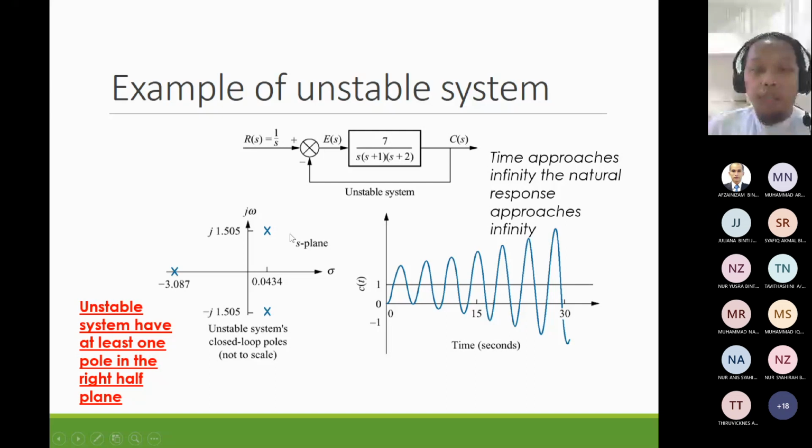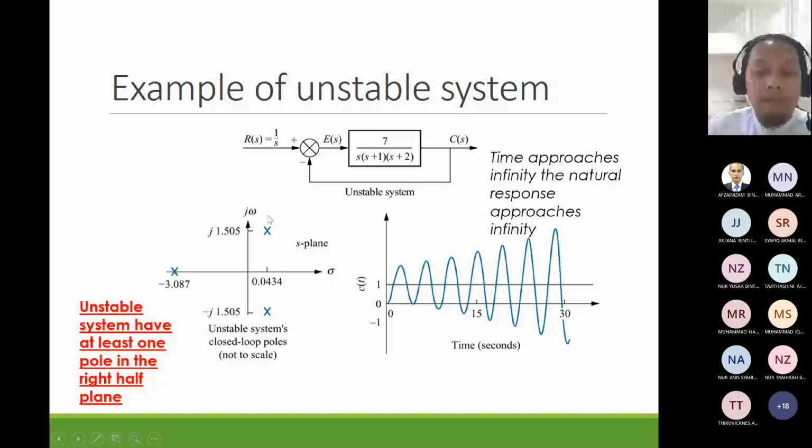If you look at the poles here, there is one pole on the left half plane, but there are poles also located on the right half plane, or positive values. So the system is unstable if at least one of the poles is located in the right half plane.